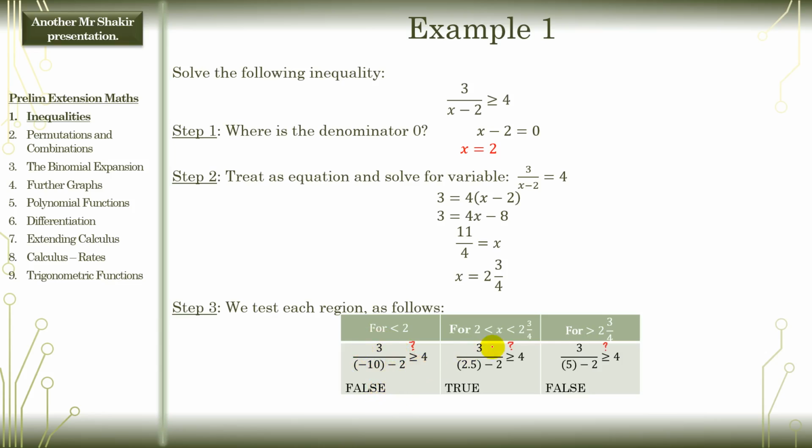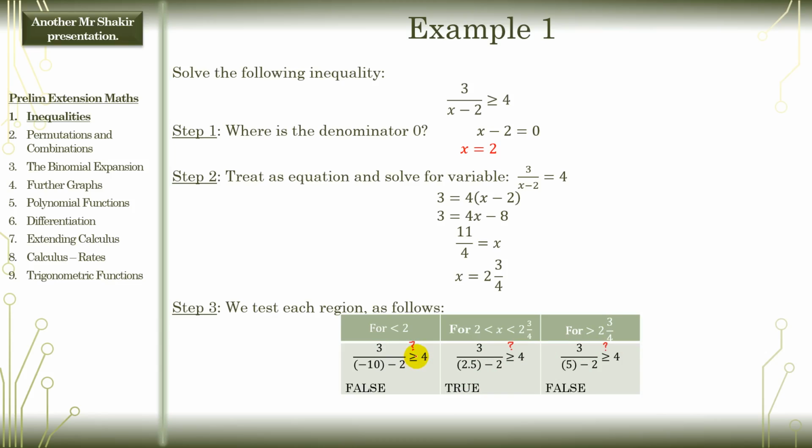You'll find it's false. And for 2 is less than x is less than 2 3/4, I chose 2.5, because that's a number in between 2 and 2.75. Put it in the calculator. Is that more than 4? You'll find that it is more than 4. Now notice that I've put a question mark.